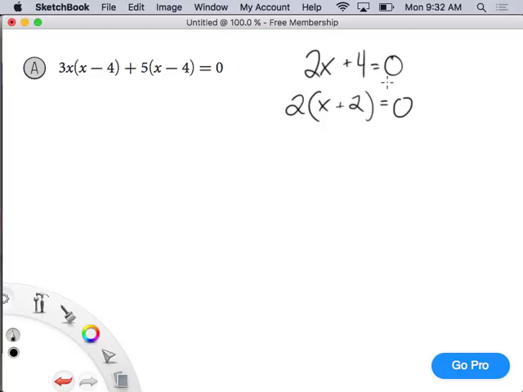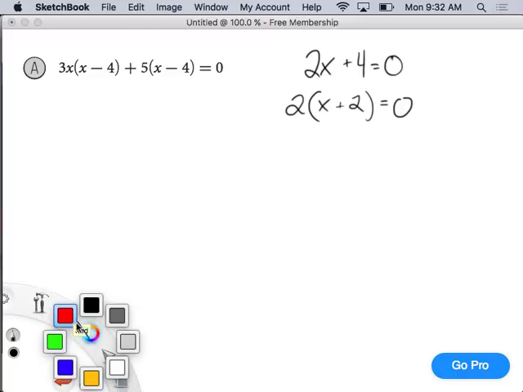But let's now take a look here. 3x times (x minus 4) plus 5 times (x minus 4). Do those share a common factor? What's the common thing? x minus 4, right there.